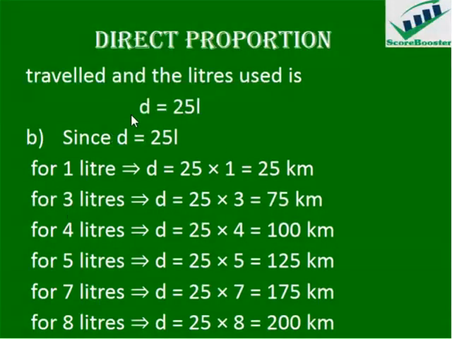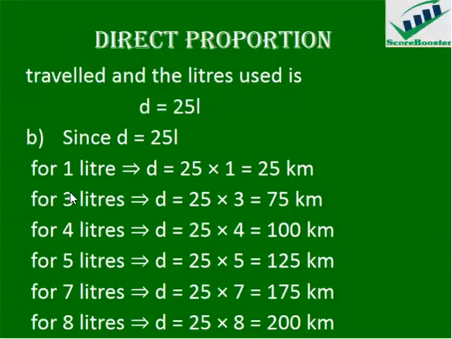For 4 liters, our L will be 4 then. It is going to be 25 multiplied by 4, 100. For 5 liters, we multiply 25 by 5 to give 125. They've done the one for 6 liters. So we move to 7 liters, we have 25 multiplied by 7, 175. And for 8 liters, we have 25 multiplied by 8, which is 200 kilometers.